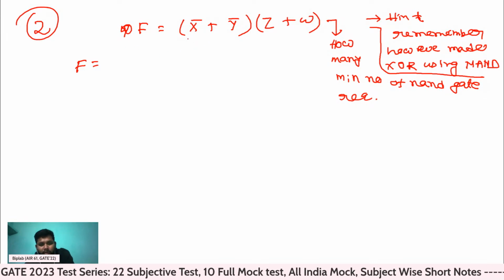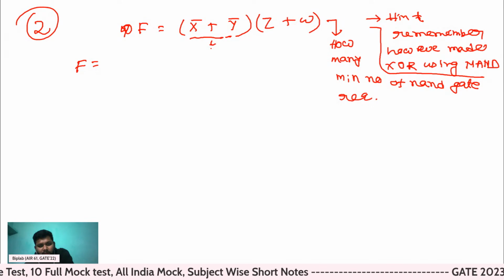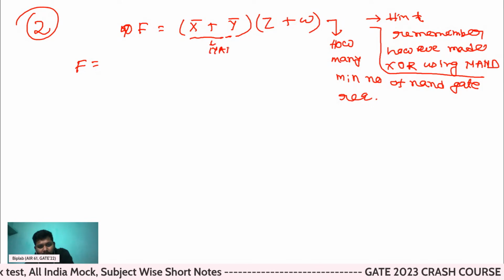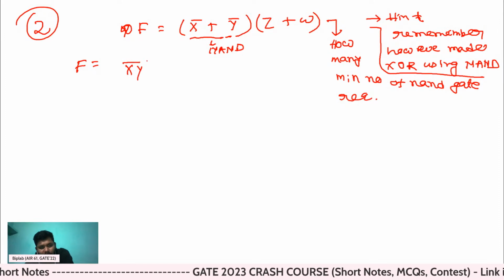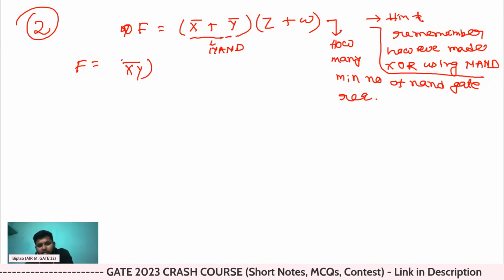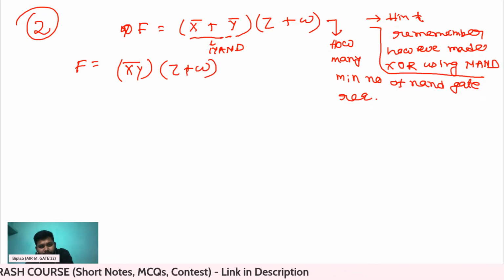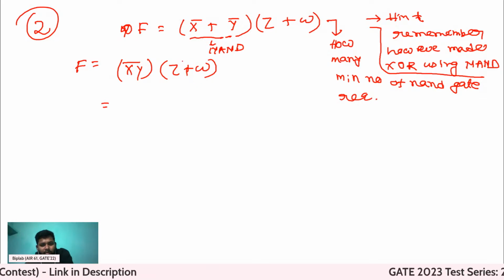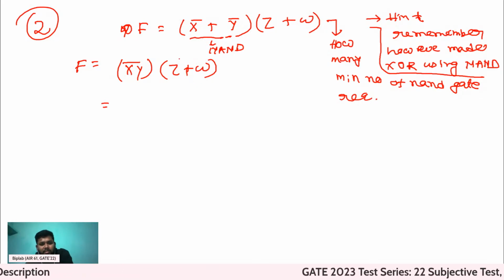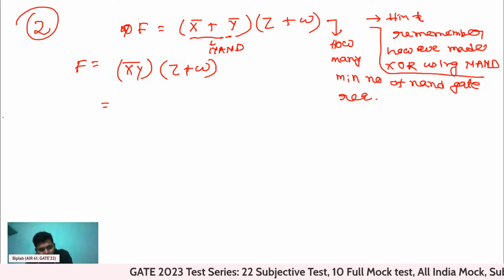So you have here x bar plus y bar, which is nothing but can be built using one NAND gate, that you can directly say. So you can write it as (xy) bar into (z plus w). Now here is one thing. Don't go for making this one a NAND gate.